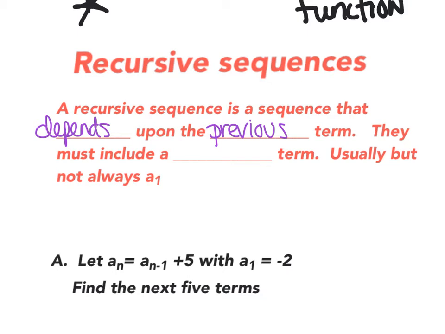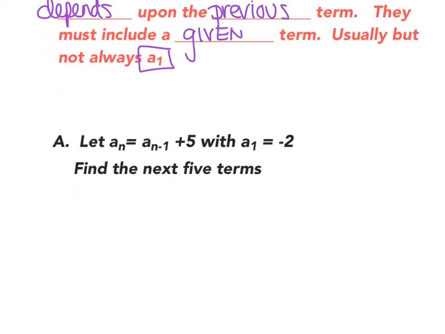They must include a given term, usually but not always a sub 1. So they have to give you a term, and then you have to realize that your function depends upon the previous term. And that's what makes recursive recursive. And it's fairly obvious when you see a recursive one. They give you a term, and then they give you something that depends upon the previous one. So let's look at an example here.